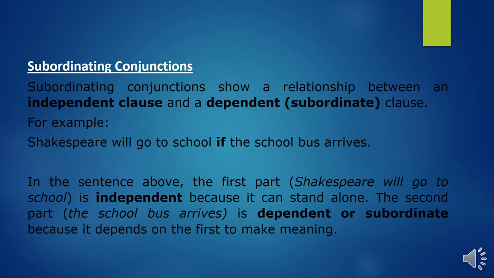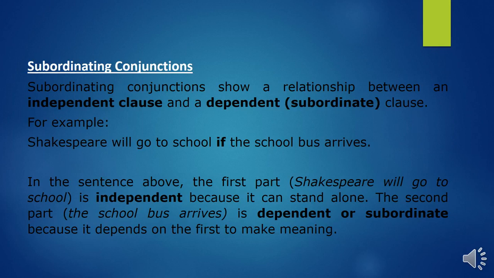Now take note that anytime a subordinating conjunction joins an independent sentence with a dependent sentence, the name given to that sentence is a complex sentence. When coordinating conjunctions join two sentences, they are called compound sentences.